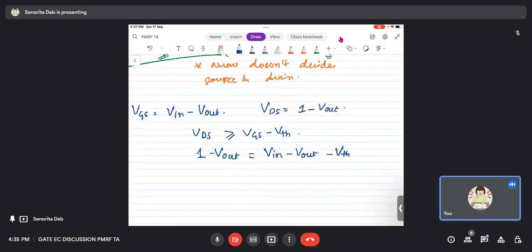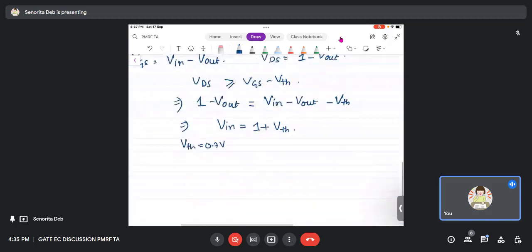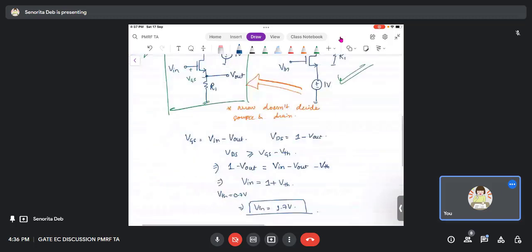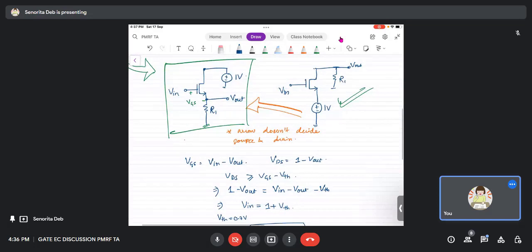I'm taking the equality. And we had seen earlier in the question, VTH is 0.7 volts. This implies that after V in has reached 1.7 volts, my MOSFET will reach saturation.